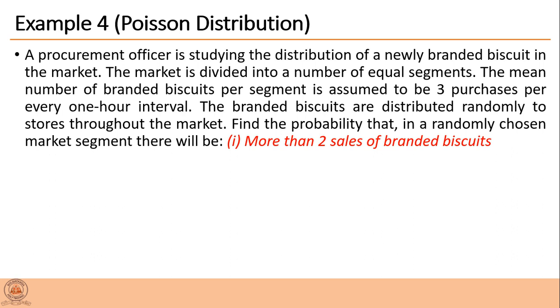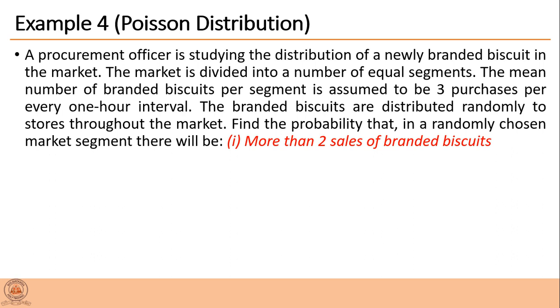The branded biscuits are distributed randomly to the stores throughout the market. Find the probability that in a randomly chosen market segment, there will be more than 2 sales of branded biscuits. This is the question.